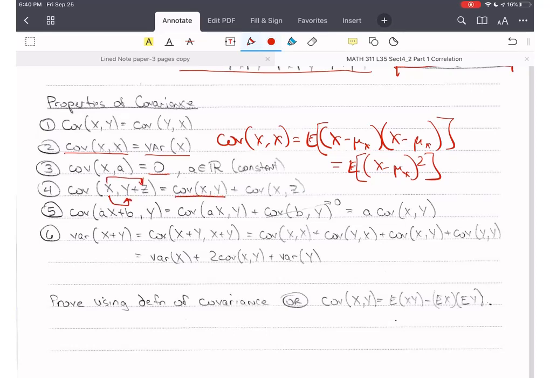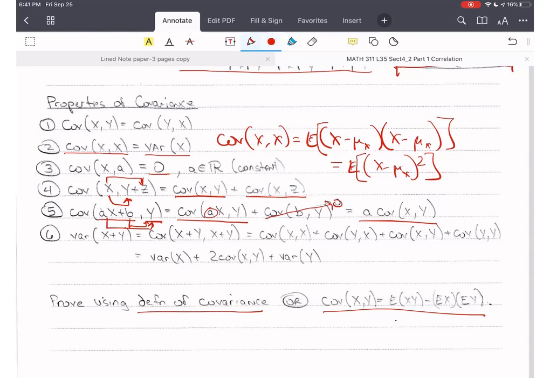So it's the covariance of X and Y plus the covariance of X with Z. Now, a linear combination: I take aX with Y, and then I take b with Y, so I've got the covariance of aX with Y plus the covariance of b with Y, but we know that is 0 because b is a constant. And then we can pull out a, and it becomes a times the covariance of X and Y. And these can be proved very easily using the definition of covariance or this derived formula.